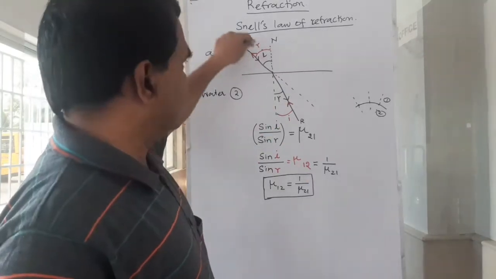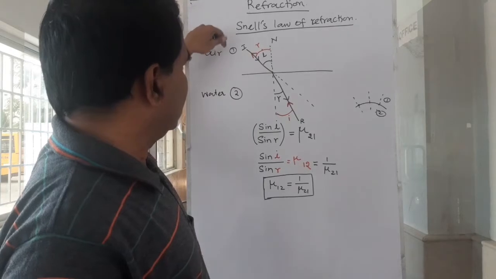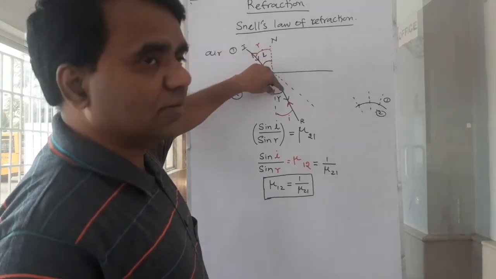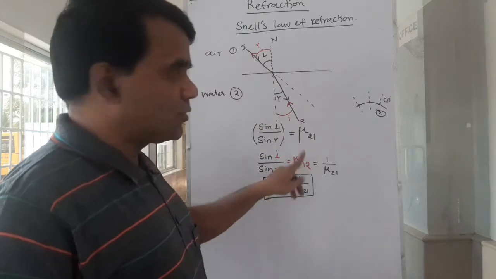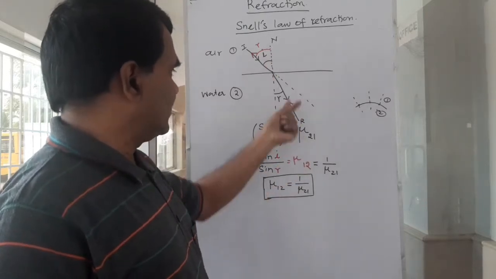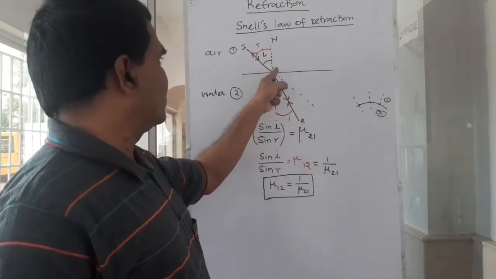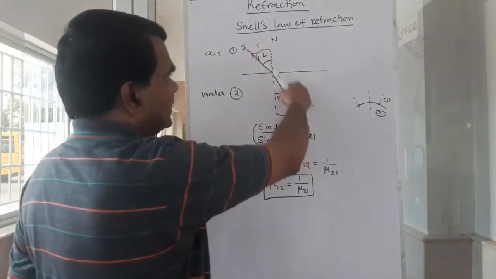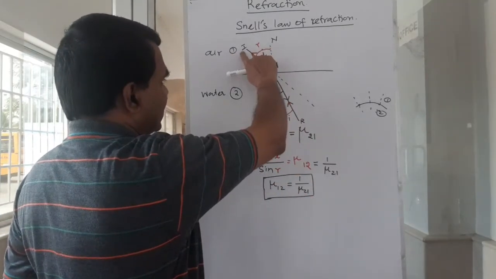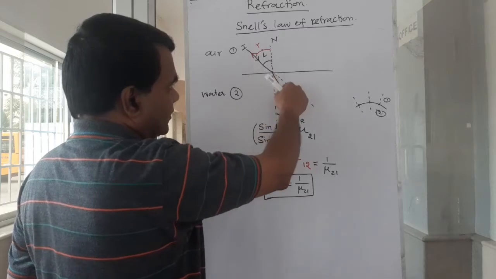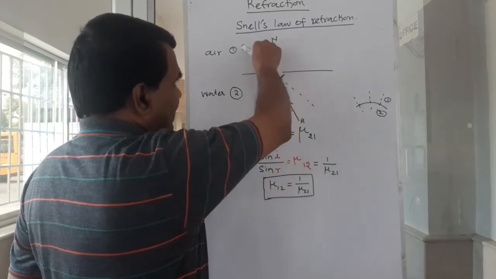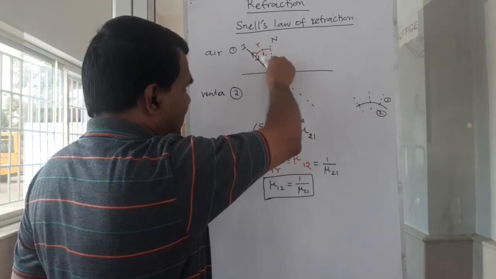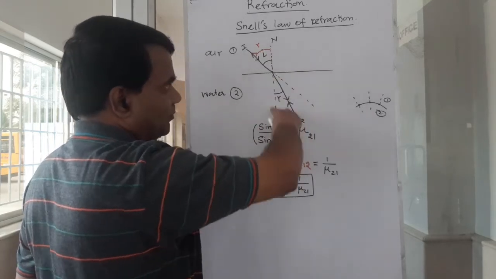So if I send the ray from medium 1 with this angle, it will refract with this angle. And from medium 2, if I send the ray with this same angle, then it will refract with this angle. You notice here, in the first case, when it travels from air to water, this ray, rather than going straight, bends towards the normal.